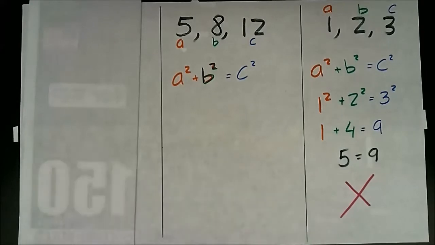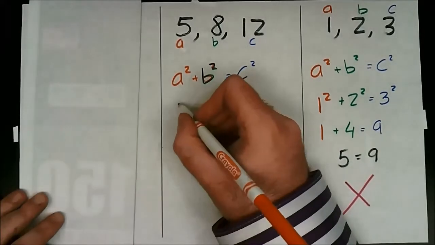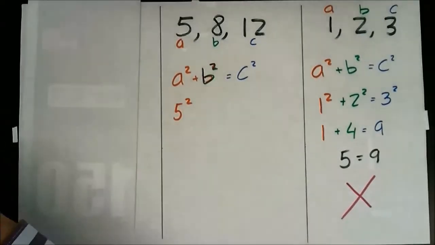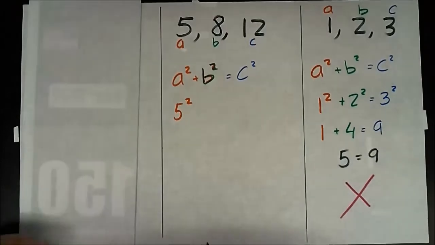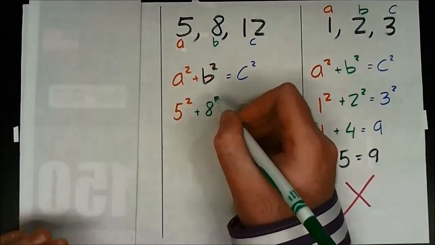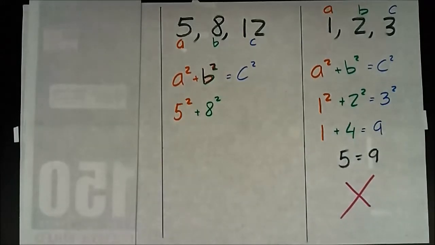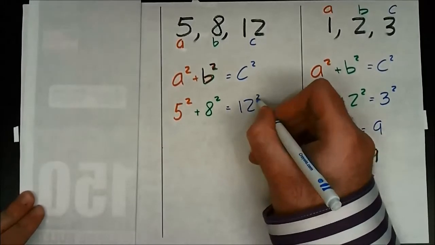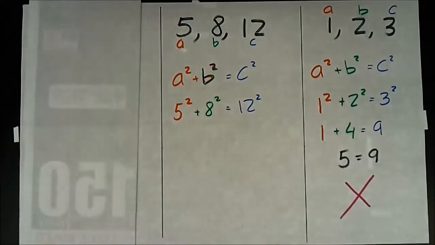Now I'm going to plug my numbers in. A is 5. So instead of a squared, I'm going to have 5 squared. So that's going to be 8 squared instead of b squared. And of course c is 12, so that's going to be 12 squared instead of c squared. Now let's do our number calculations.